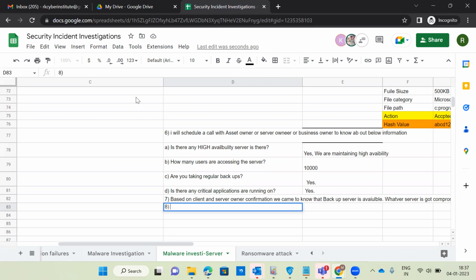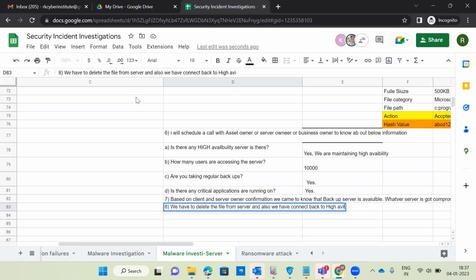Once we identify that the file has infection, what do we do later? As mitigation and recovery, we have to delete the file from the server, connect it back to high availability, and rerun the antivirus scans.